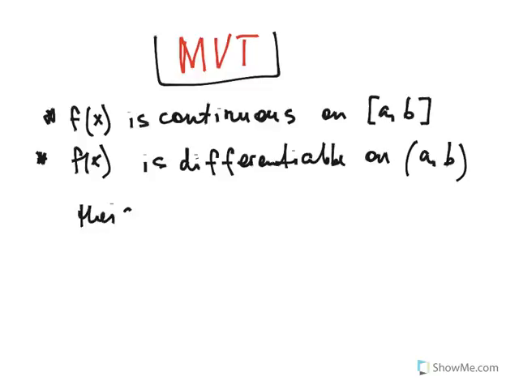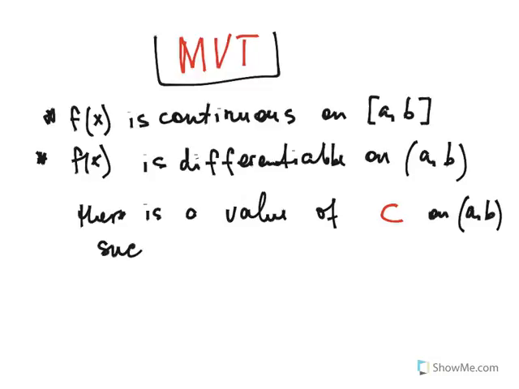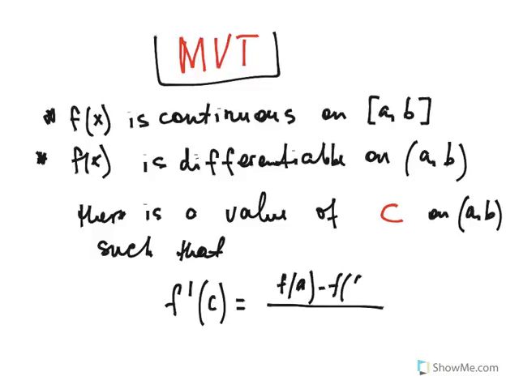So there is a value of c on, don't include the endpoints, on this interval, such that f prime of c, the derivative of your function at this value of c, is the same as, what does this remind you of?